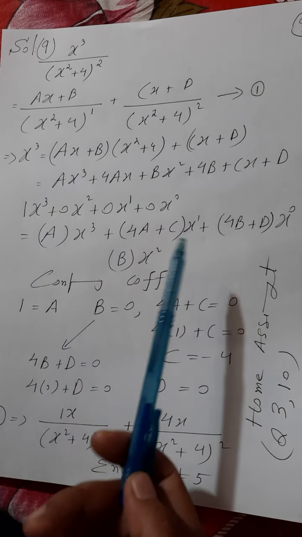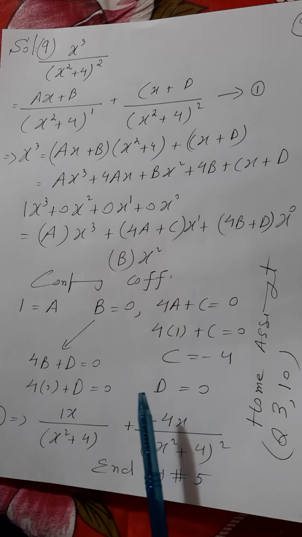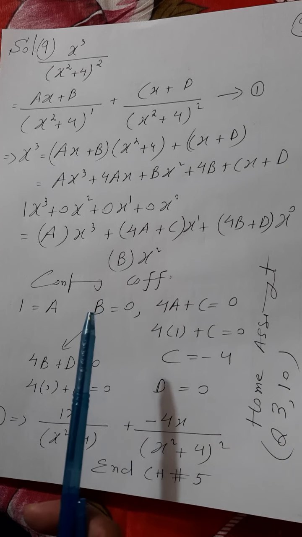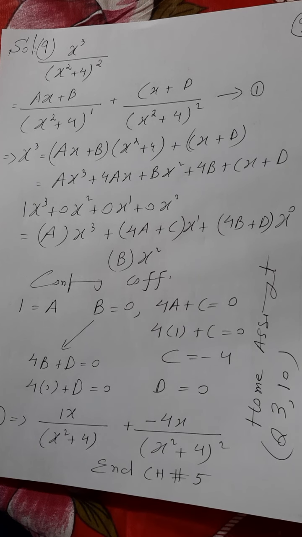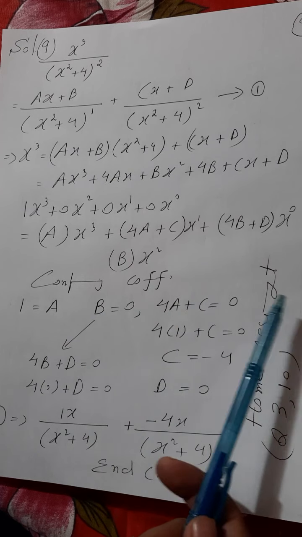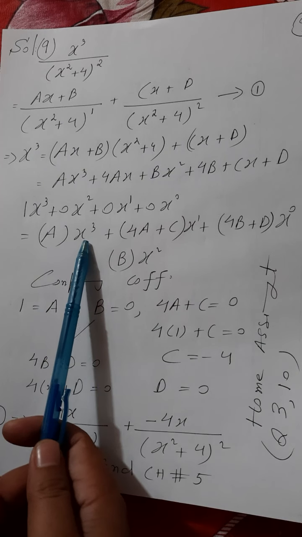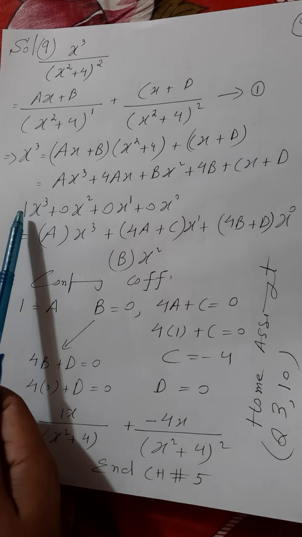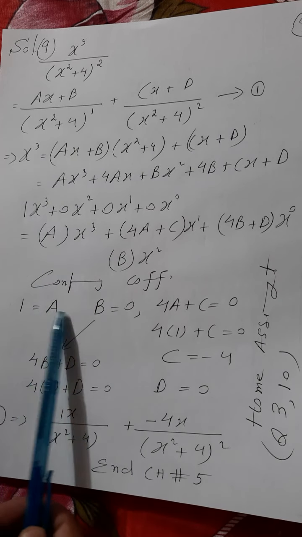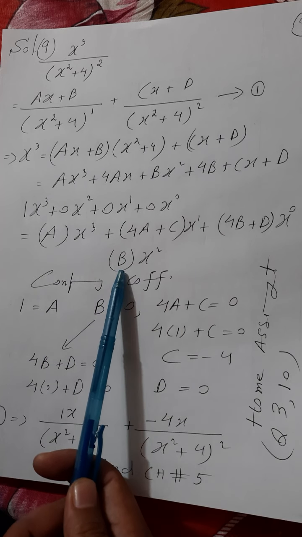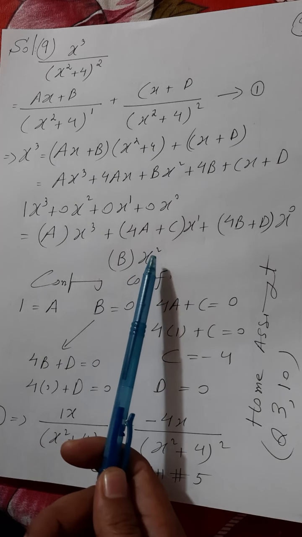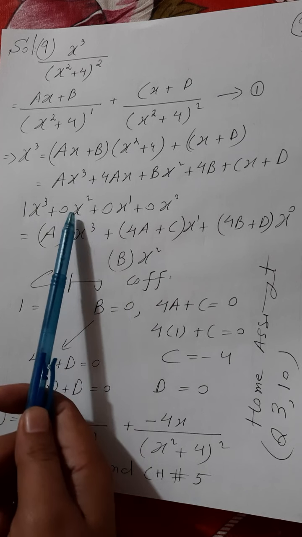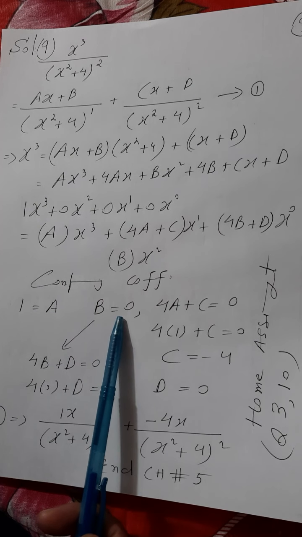After simplification, in a similar fashion to the last question, make the coefficients of x cube, x square, x power 1, x power 0, compare them and find the values of a, b, c. The coefficient of x cube in this case is 1, so a is 1, and the coefficient of x square is b, there is no x square, it means 0, so b is 0.